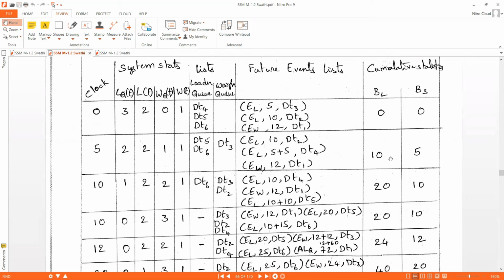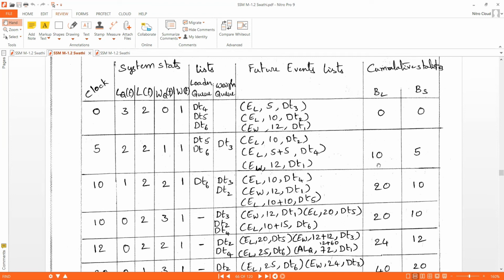Now we'll find the busy loader time. Here we have two loaders. BL is the total busy loader time. At simulation clock time 5, loader 1 is busy, as well as loader 2. So 5 plus 5 is 10.